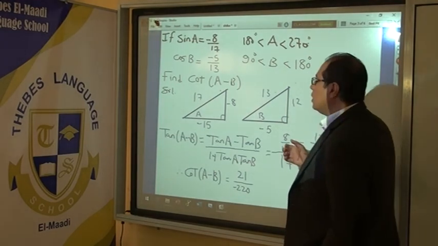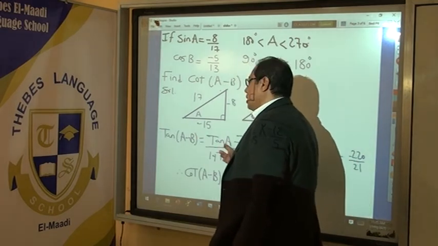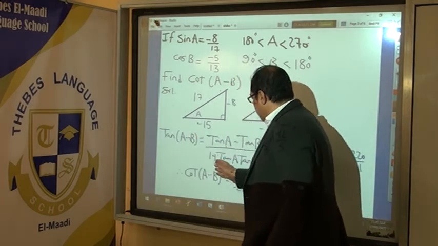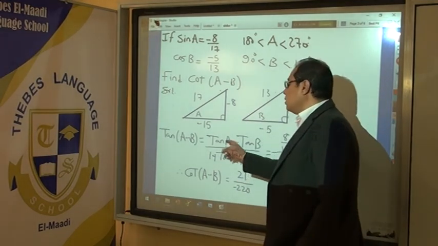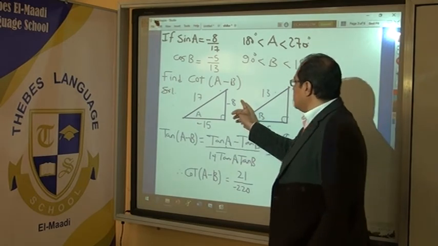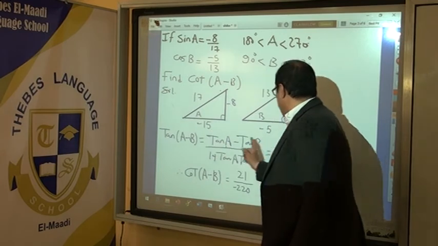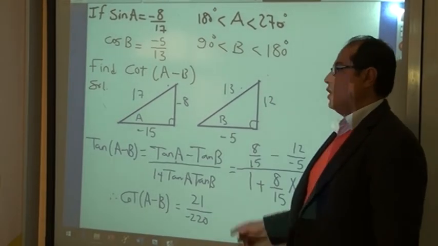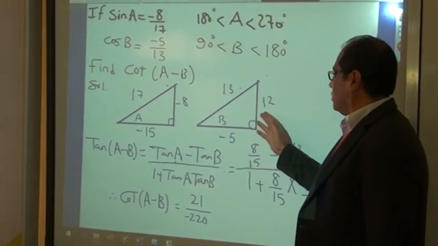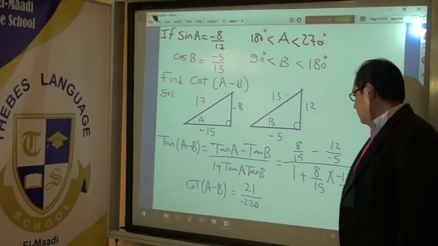By using the rule of tan (A minus B), tan (A minus B) equals tan A minus tan B over 1 plus tan A multiplied by tan B. Tan A equals opposite over adjacent, negative 8 over negative 15, which equals 8/15. Tan B equals opposite over adjacent, which equals 12 over negative 5.